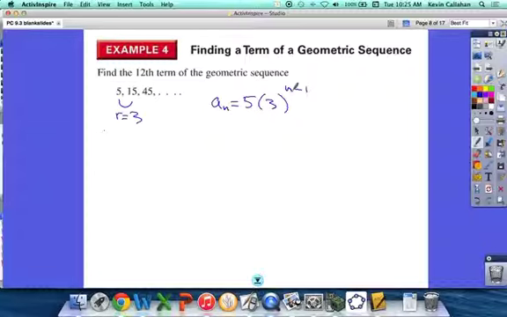Because if it's a formula, it's going to have the n in there, so you can plug in any value for n. a12 equals 5 times 3 to the 12 minus 1, and that is 885,735.